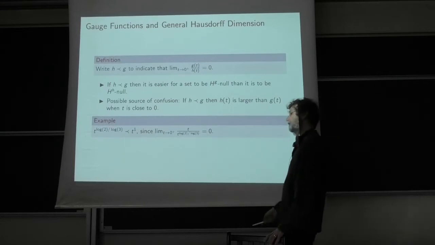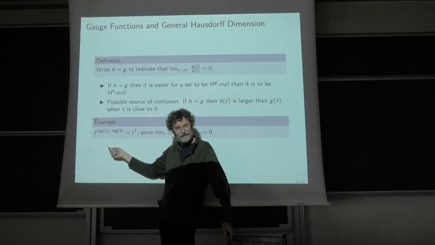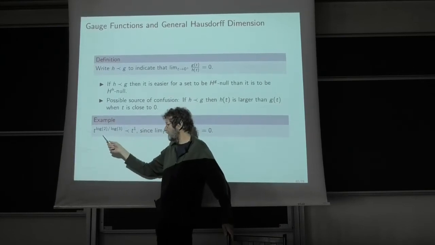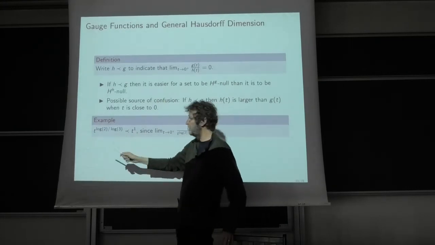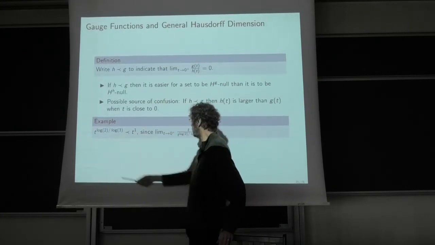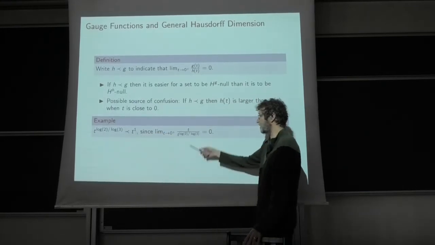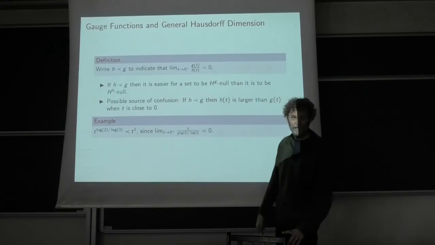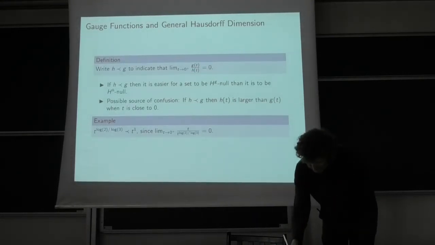Okay, so example. This is the dimension of the Cantor middle third set. When you look at the Cantor middle third set, its outer measure is positive if I look at this gauge function, it's 0 if I look at that gauge function. And clearly this ratio goes to 0. Okay.